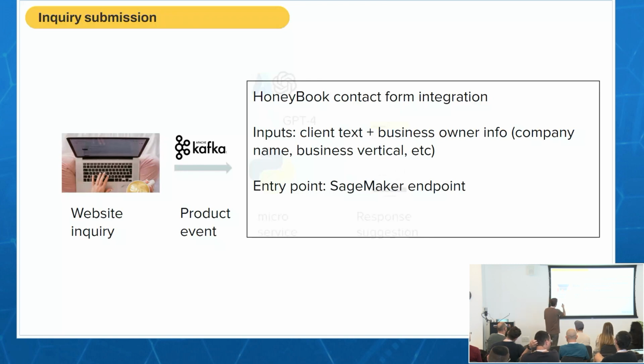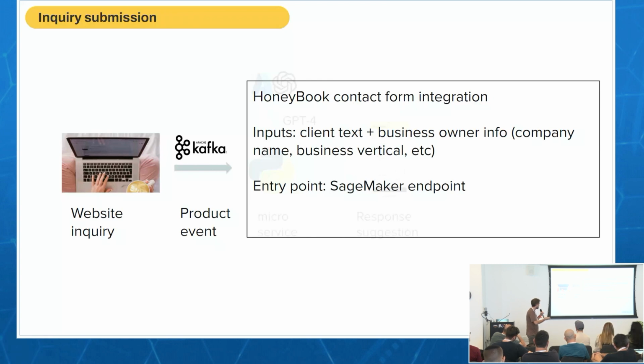It is important to also mention that in the Kafka event, we get, first of all, the inputs of the client, everything that I basically showed, but also some metadata about the member, about our user. So it's the company info, company name, business vertical. All these things can serve us when we generate the prompt to the LLM.